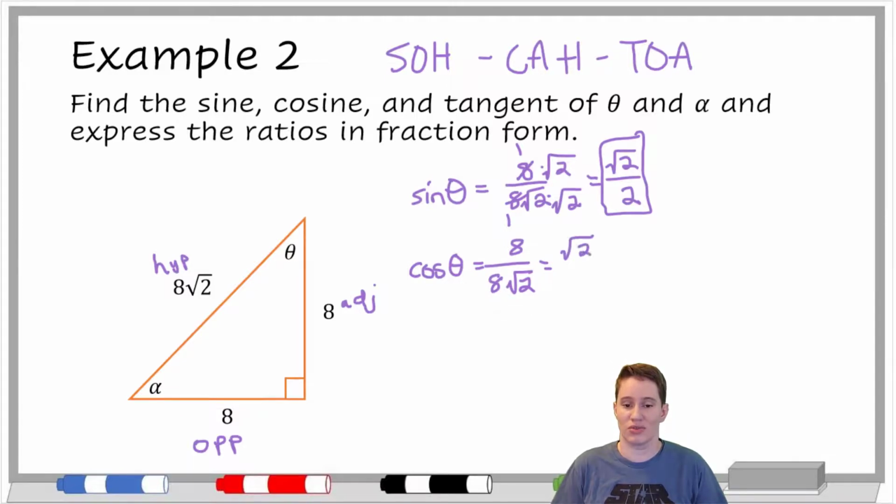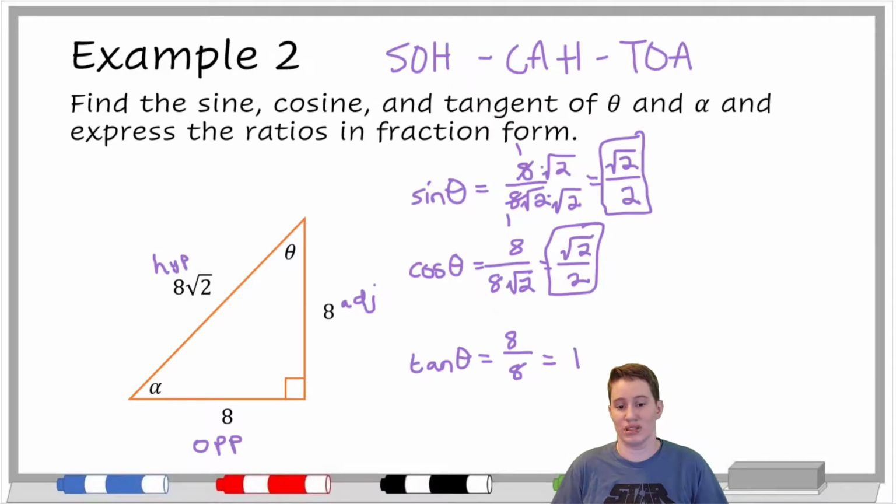This should also simplify to be square root of 2 over 2. Interesting. And let's look at tangent. So opposite over adjacent is 8 over 8, which cancels so that we get 1 over 1, which is simply 1.